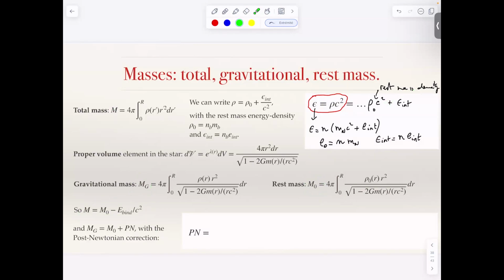So I can say that, for instance, my gravitational mass is given by my rest mass plus a post-Newtonian correction that I call PN, which is therefore what I have neglected in M_0. So I have to add, for instance, 4 pi times the integration of not rho zero, but the internal energy, times the square root, times dr.